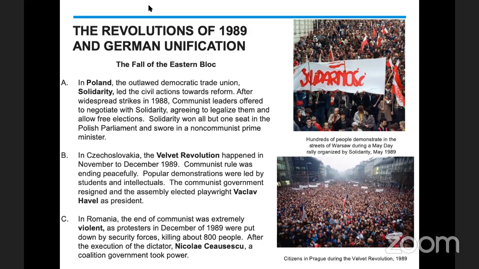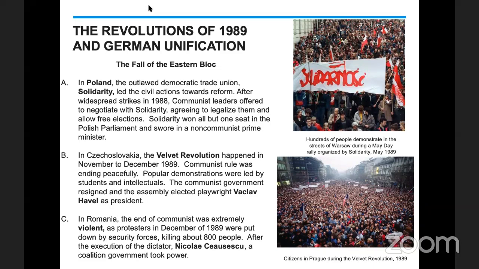In Poland, and you can see the picture on the top right, the outlawed trade union Solidarity will gain power. After incredible worker strikes, the communist government gets Solidarity to the table, wanting them to help get workers back to work.